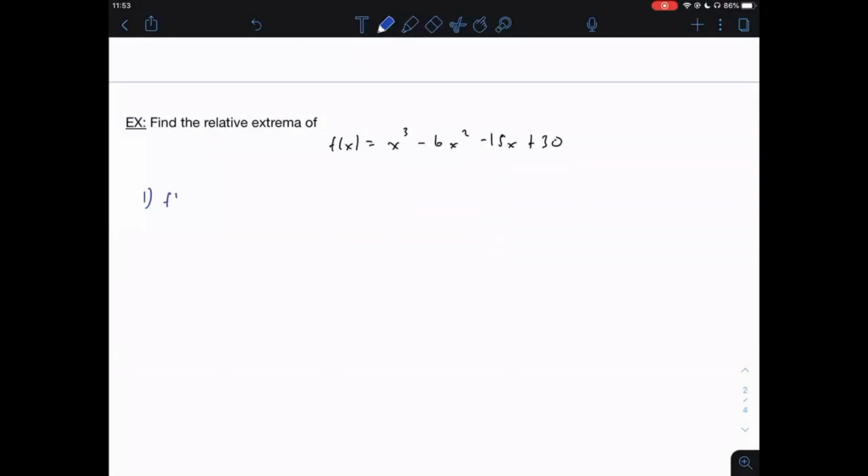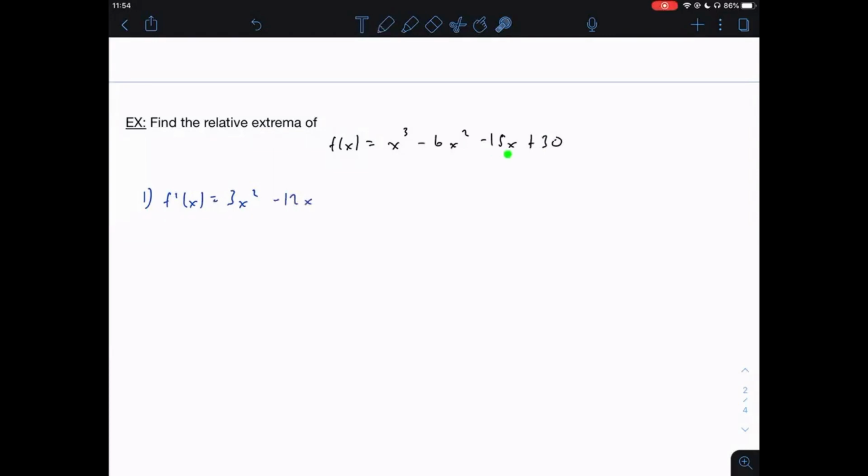So using the rules from chapter 2, let's find the first derivative of this function, which is in this case just a polynomial function. So let's find the derivative of each individual term. Derivative of x cubed is going to be 3x squared. Minus the derivative of 6x squared: bring the power down, multiply the coefficients, decrease the power by 1 to give us 12x.